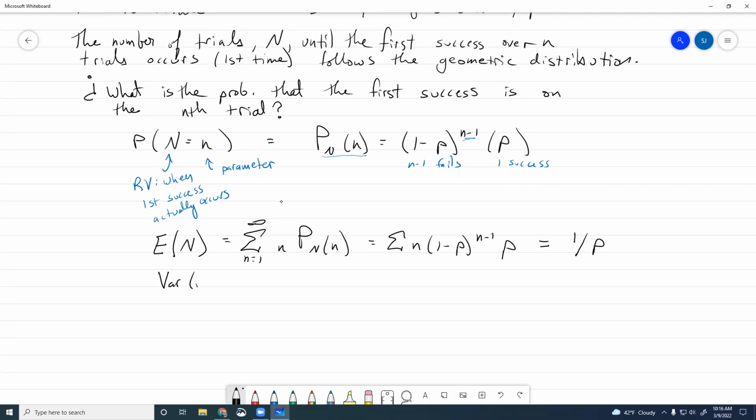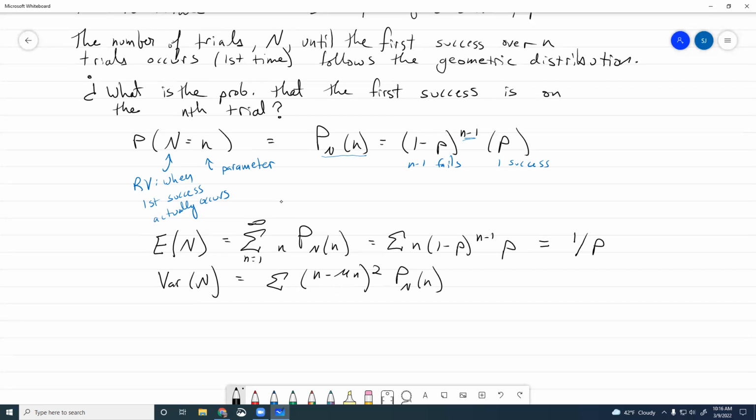The variance of n, if we're interested in that, is equal to the sum, and I won't write everything out, but this is just going to be n minus mu of n, squared, times the probability distribution of n.